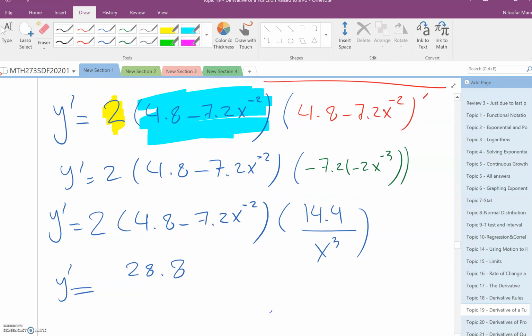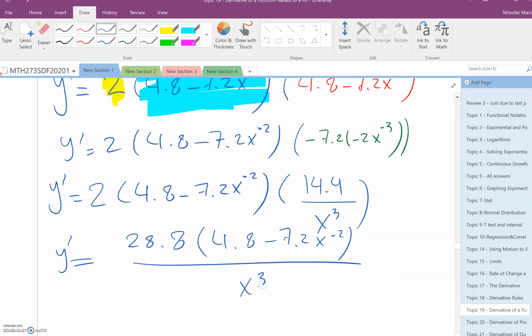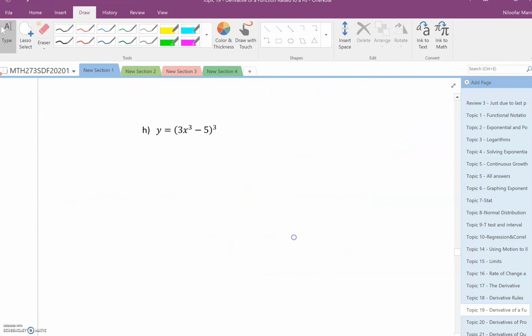So yes, this times 4.8 minus 7.2x to the power minus 2 divided by x to the power 3. Okay, so here maybe I can change this a little bit to upper, and then it will be beautiful. So far so good.